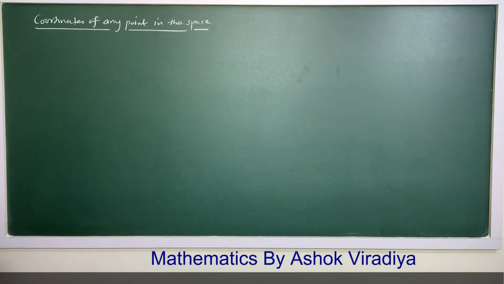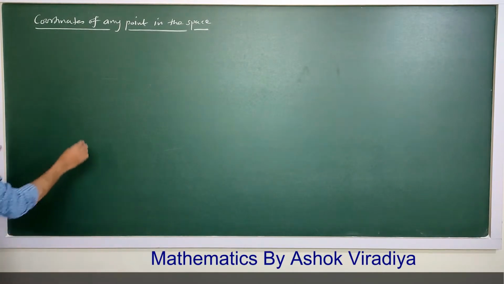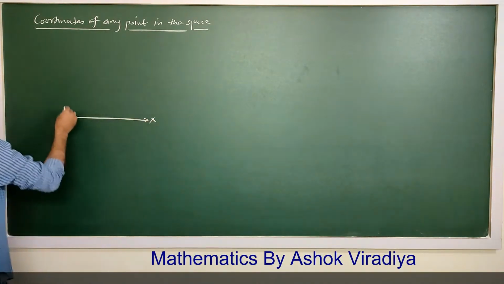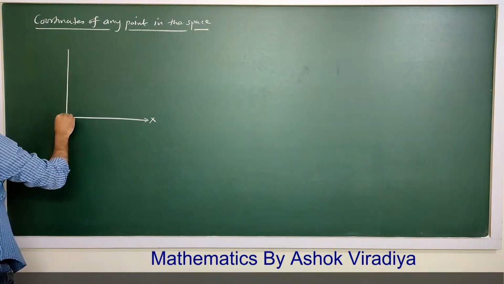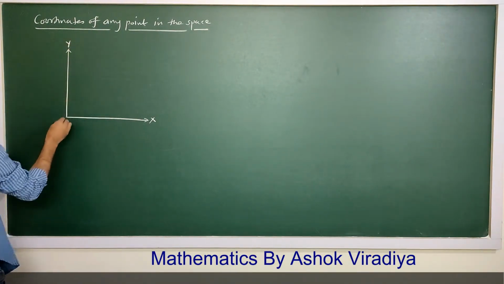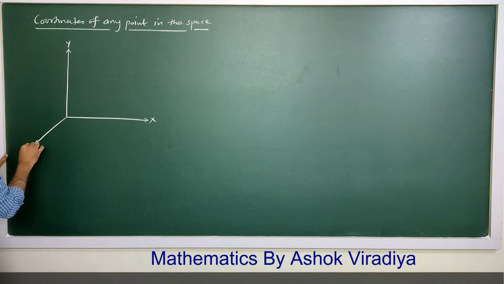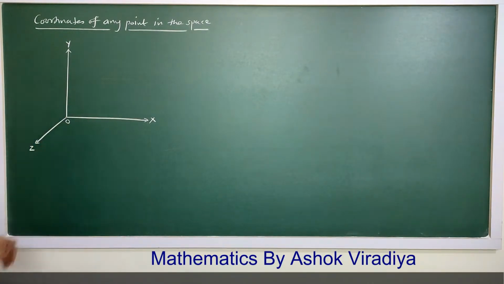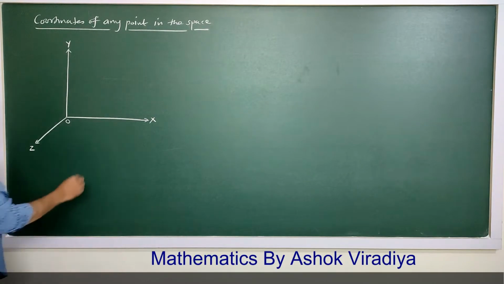Let me explain the procedure. Just discuss that this line is x-axis, this line y-axis, this line z-axis. These lines we take as positive directions of x-axis, y-axis and z-axis, perpendicular to each other.